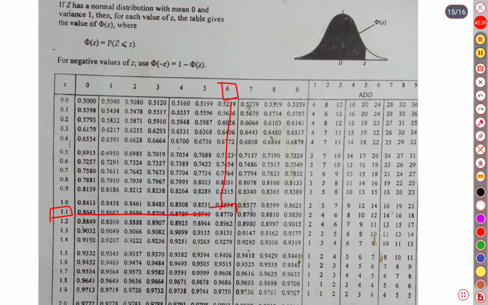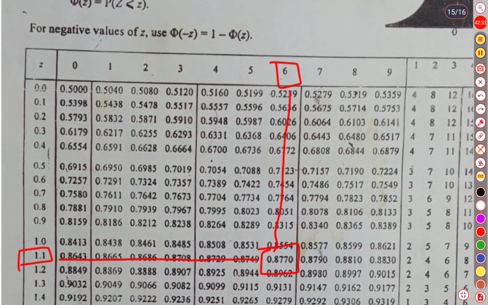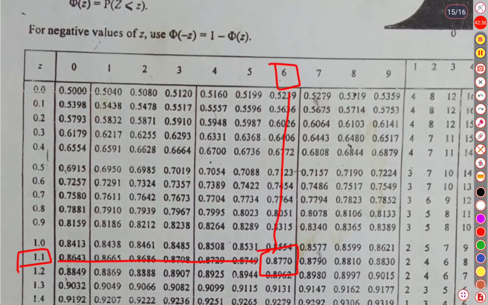This is our probability. How did we find it? Our z score was 1.16, so we have written 1.1 and 6 from there. After that, we got that our corresponding probability is 0.8770. This is how we can easily find this, because all of the probabilities, look at this, are more than 0.5. That means they lie on the right side of the mean line.